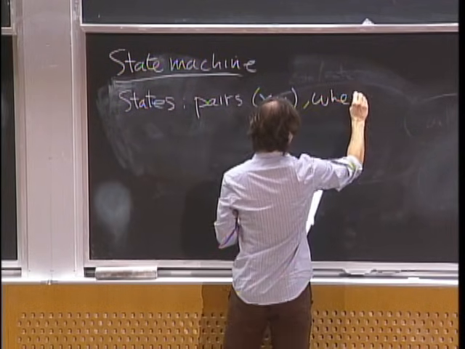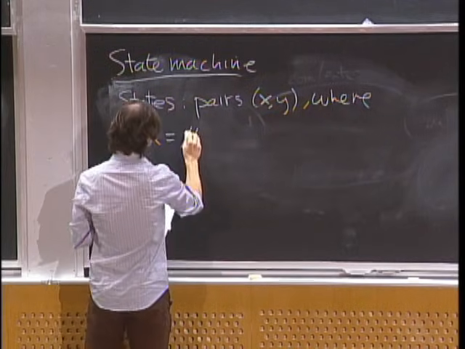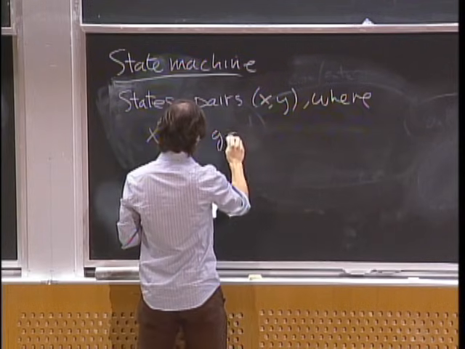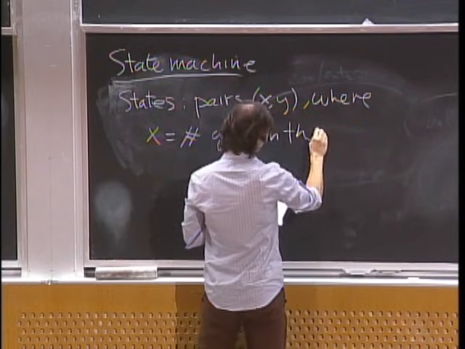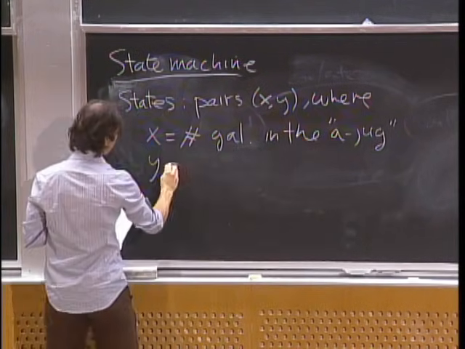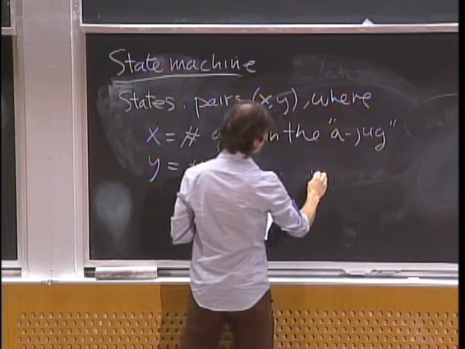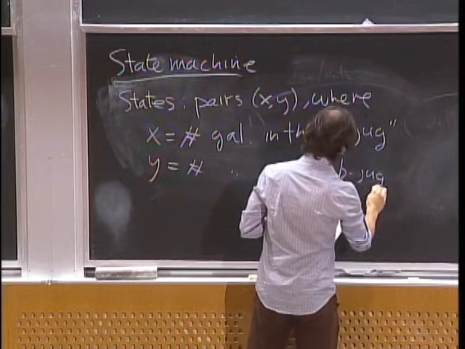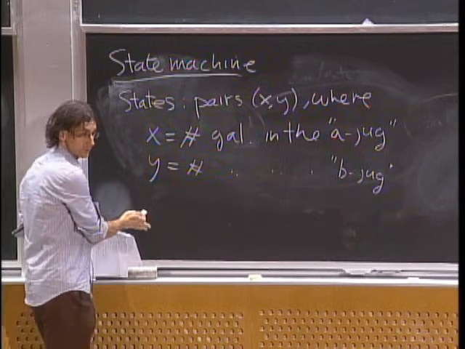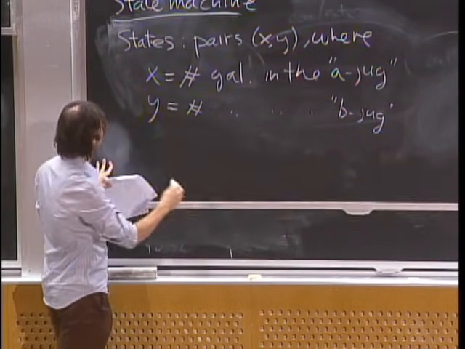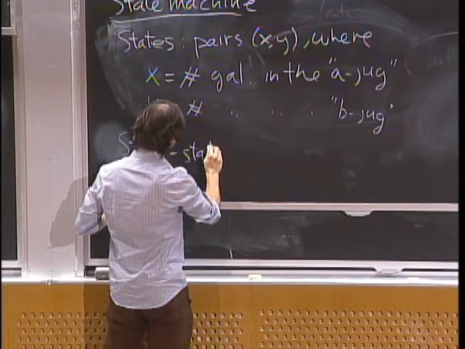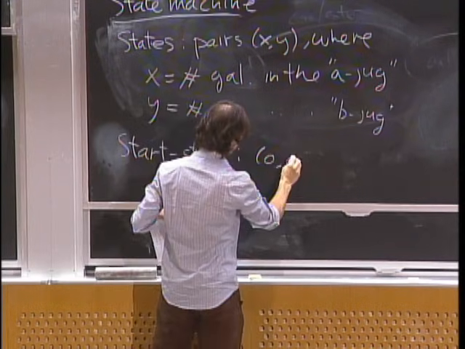And x denotes the number of gallons in the A gallon jug, let me abbreviate that by the A jug. And y is the number of gallons in the B jug. So these are the states, and the start state is exactly as it is right there. We have nothing in either of the jugs, so that's the pair 0, 0.